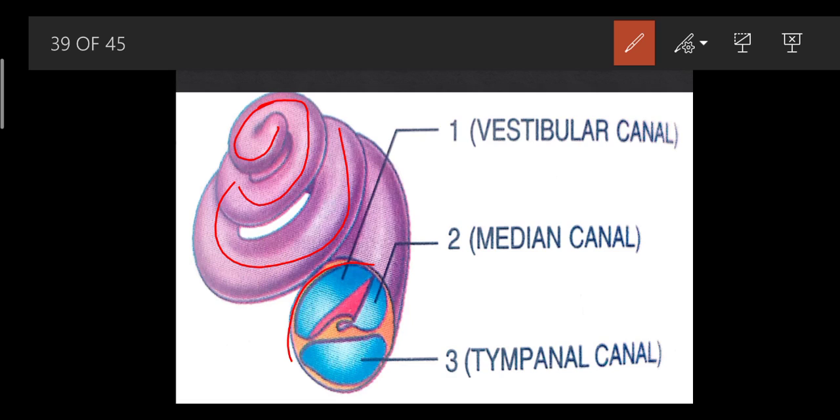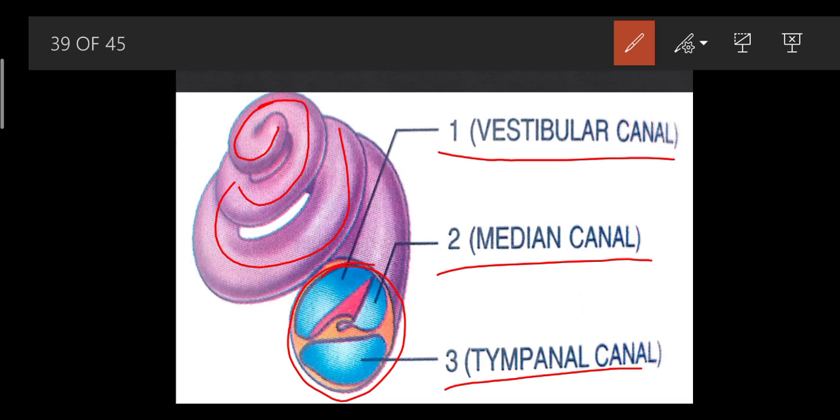This leads to 3 openings: first, second, third. In each of these canals, the first is the vestibular canal, the second is the median canal because it is in the middle, and the third one is called the tympanal canal.